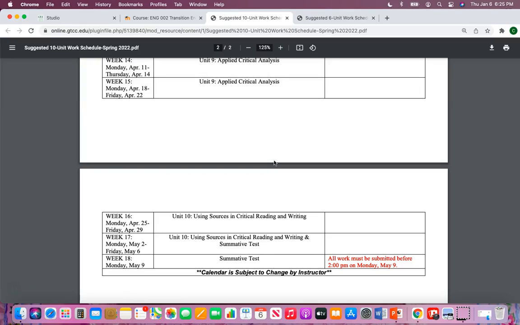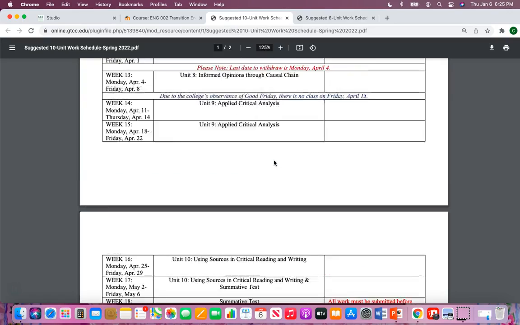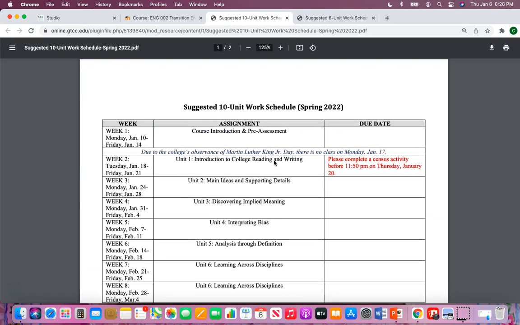I'm just going off of how many units, how many weeks, and in the past, what units students have found to be the most difficult, or the units that are consistently easier versus consistently more difficult. So again, this is just a guide. I'm not comparing anyone to another student.